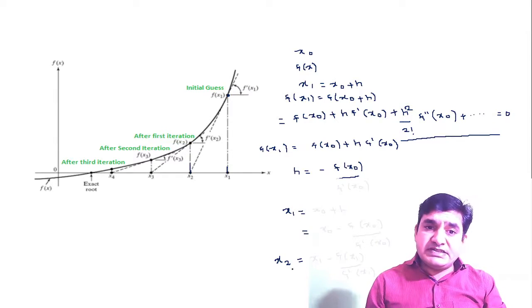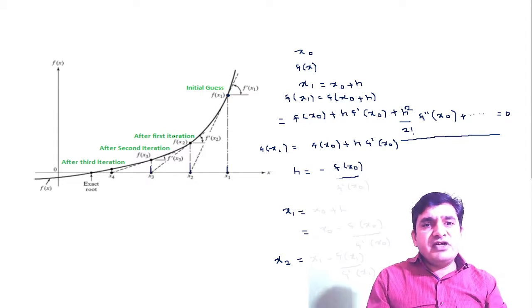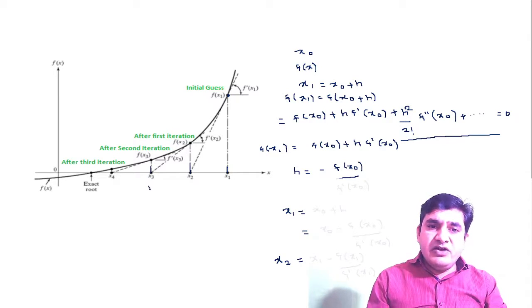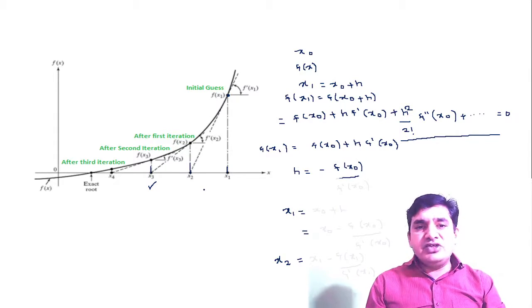Similarly, we get x3. This is x2 after the first iteration, and x3 after the second iteration. x3 is equal to x2 minus f of x2 divided by f dash of x2.